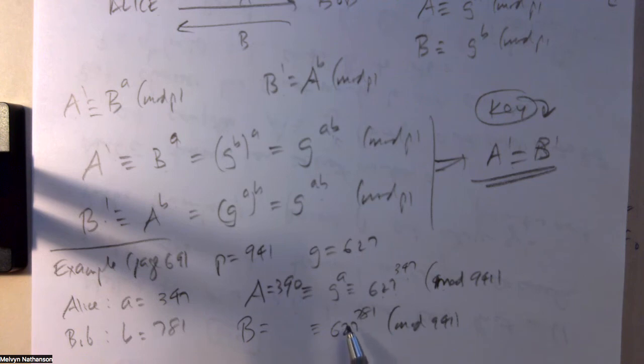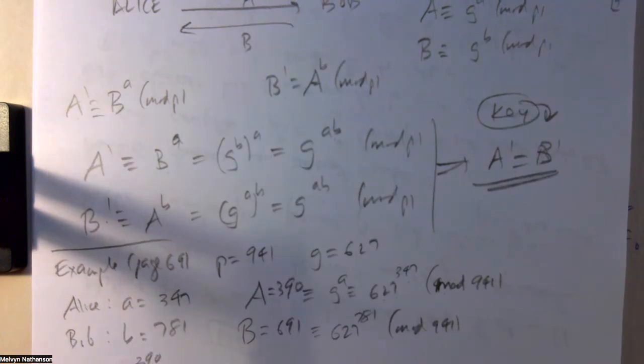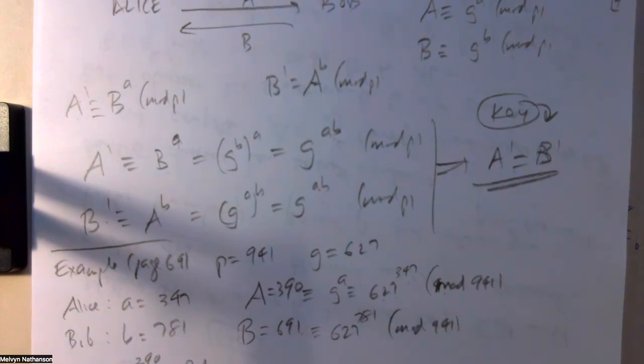And that, as it turns out, is equal to 691. So Alice sends her number 390 to Bob. Bob sends his number 691 to Alice.